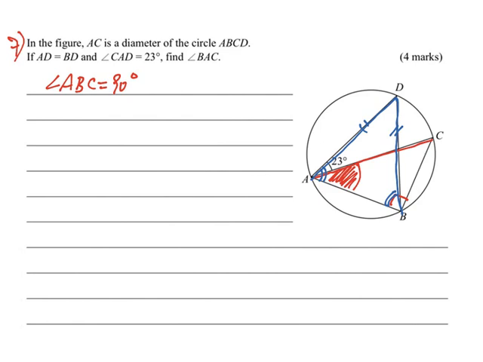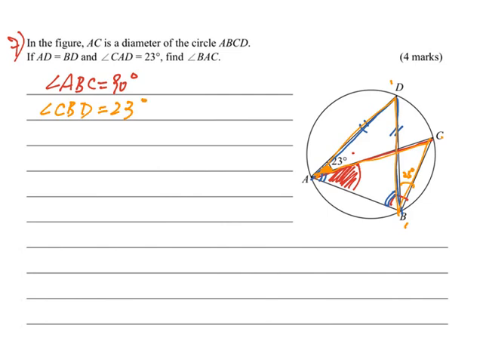So we start from the given angle. There are two given angles. One is 23 degrees, one is a right angle. Actually, we start from 23. For this angle, we can see a butterfly. So this one is also 23. So write it down. Angle CBD equals 23 degrees.